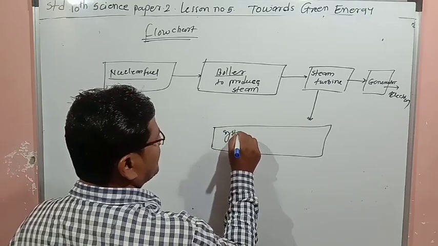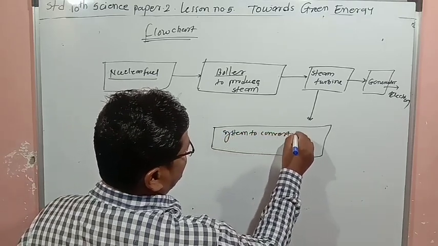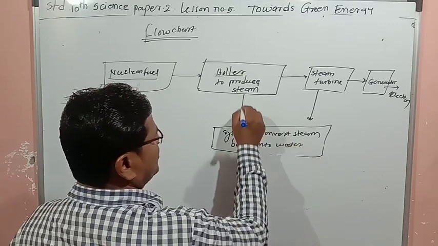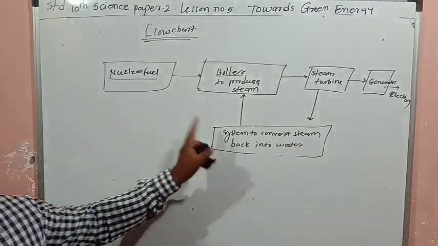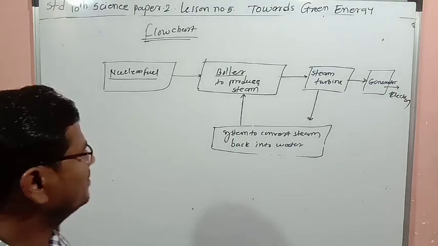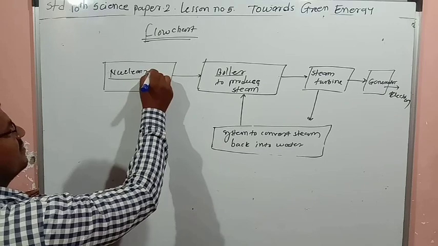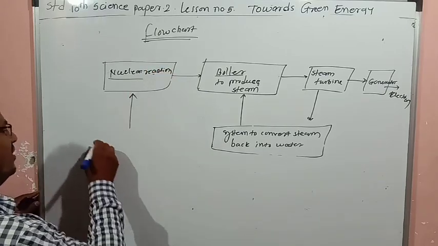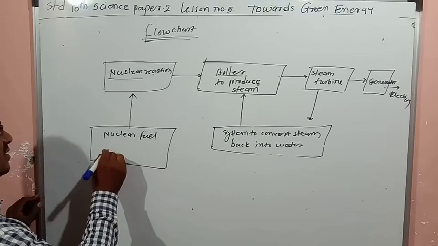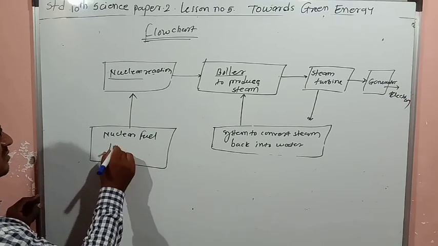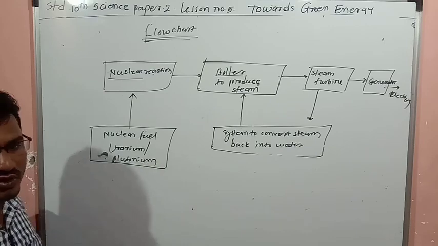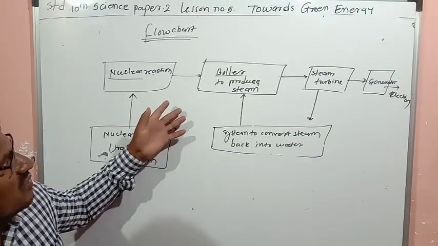In this way, steam is again converted into water, and that water is inserted into the boiler again. For the nuclear reactor you have to use a nuclear fuel, and that nuclear fuel is uranium or plutonium. So this is the flow chart.